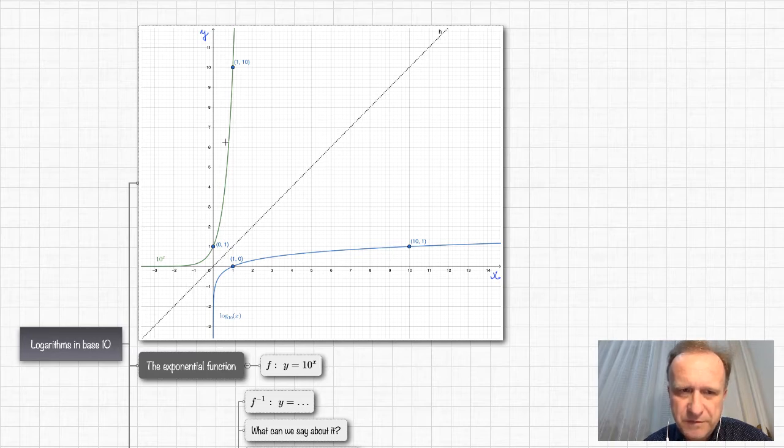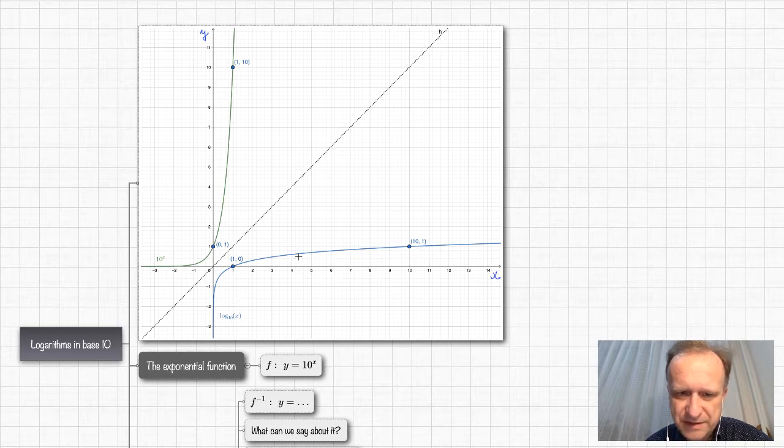If you reflect this green curve in the diagonal, you should get the correct curve for the inverse. This blue curve here is the inverse of the exponential function 10 to the power of x.